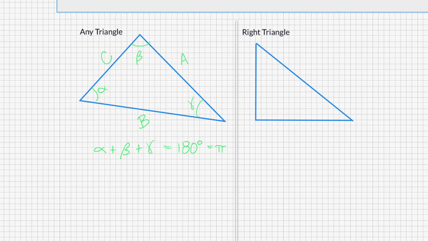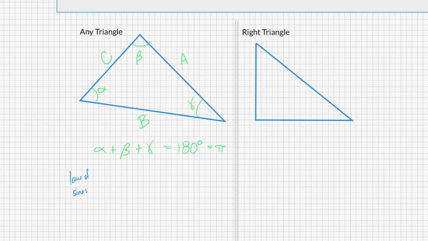The other thing that happens here is what we call the law of sines. We'll talk about what a sine is in a second. Right now, for the any triangle, we just think of it as a kind of magical thing that works out.